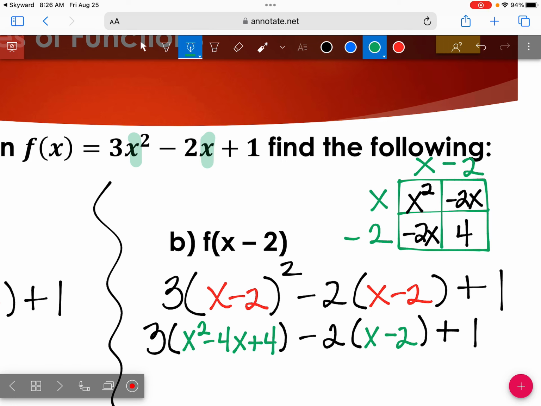Now you're ready to distribute. So we're multiplying the first parentheses by 3, the second parentheses by negative 2.